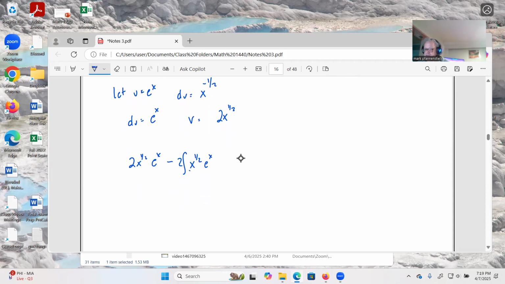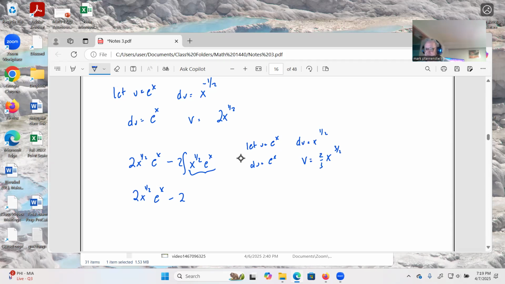So what we have to do is integration by parts on this piece again. So we have 2x to the 1/2 e to the x minus 2, and then we're integrating this. So we're going to say let u equal e to the x, du equals e to the x, dv equals x to the 1/2, and v is equal to x to the 3/2, and we're going to divide by 3/2, so we get a 2/3 out here.